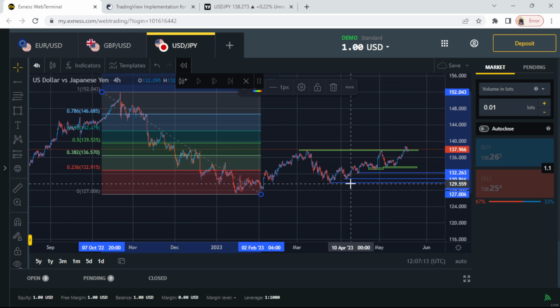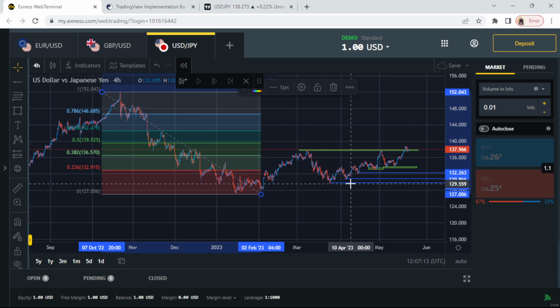If this price was to go up, that's how I'm going to place my take profit, okay? This zone is a major resistance, okay? And this zone is also a major resistance.